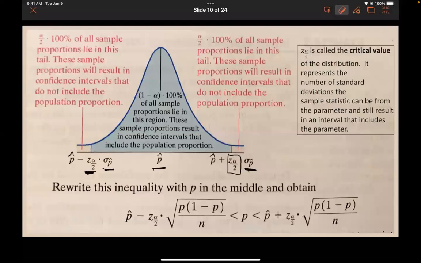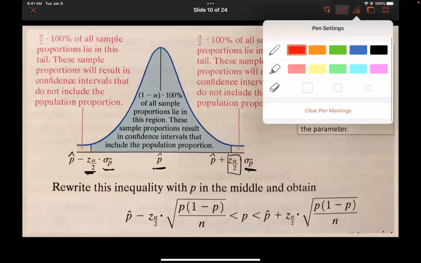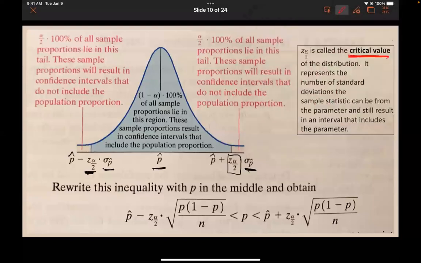So it says I can be 1.96 standard deviations away from that p hat and still contain my population proportion. So that's what that's telling you. This is called a critical value. We will use this critical value again once we get to our hypothesis testing in chapter 10.